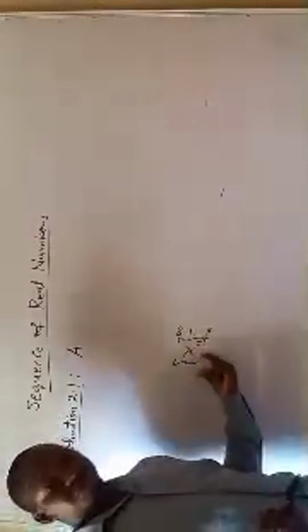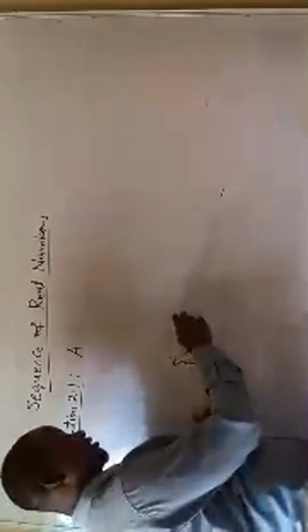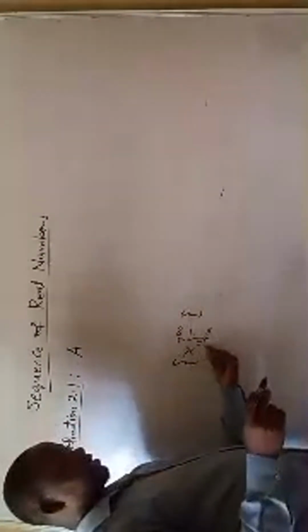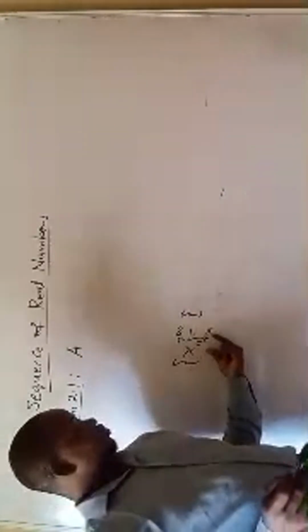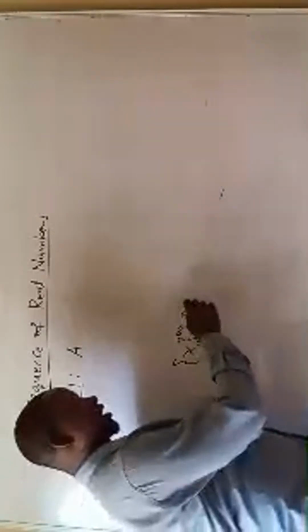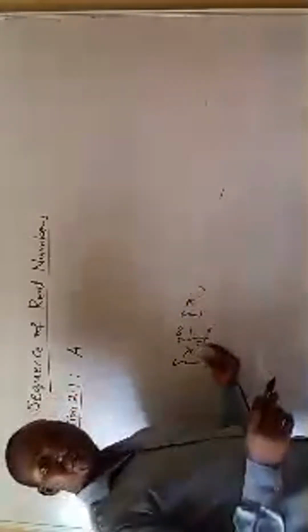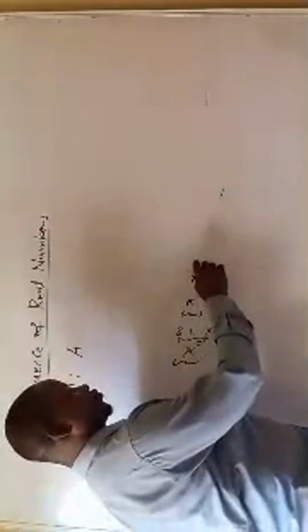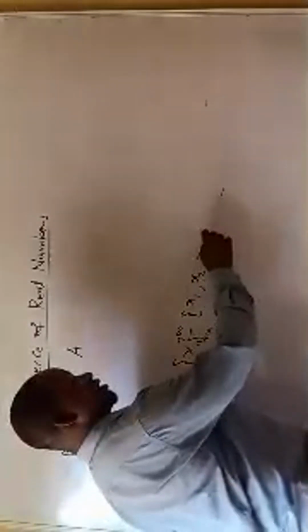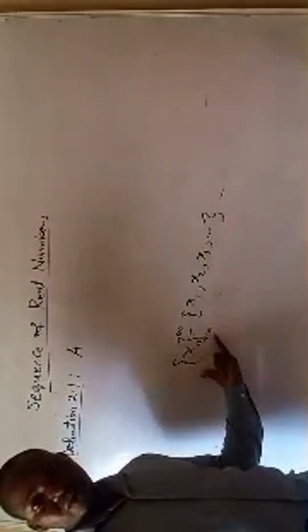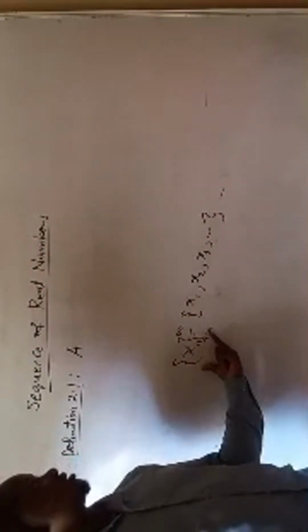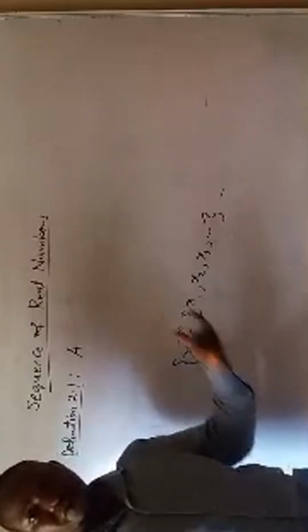What this notation means is that when n is 1, n that we are choosing here is a natural number, so when n is 1, we have x1. When n is 2, we have x2, x3, and dot, dot, dot, since n goes to infinity. Now, I'm referring to the sequence. We'll define the sequence as a sequence of real numbers.